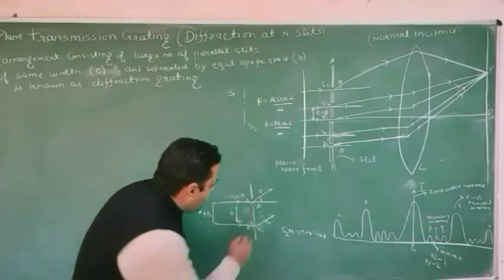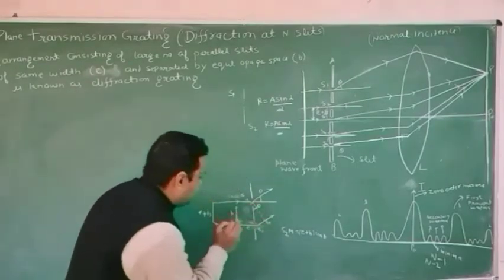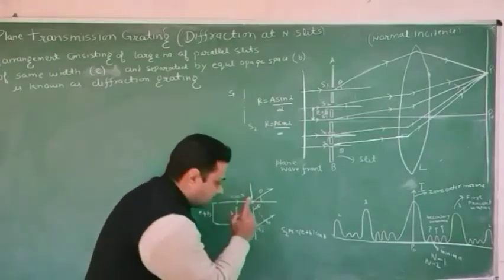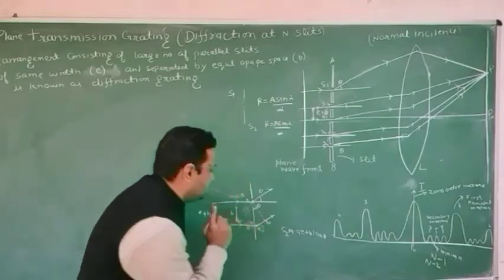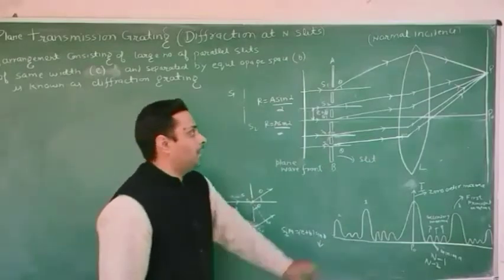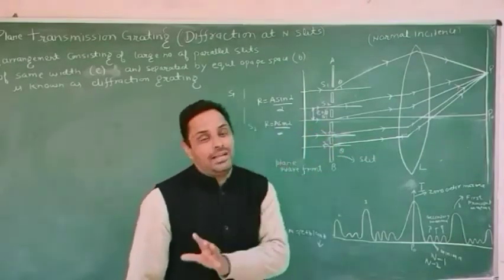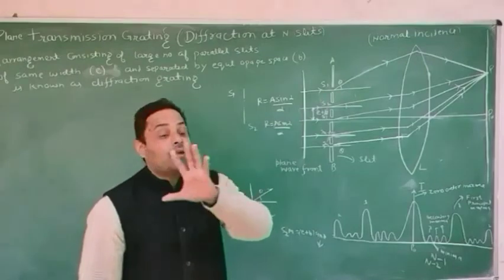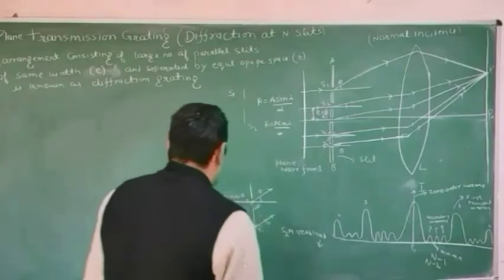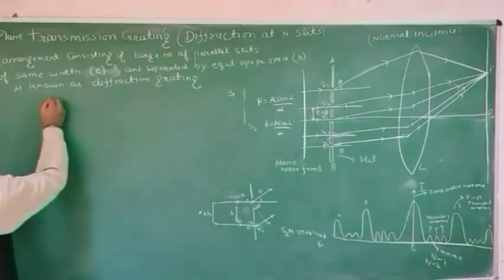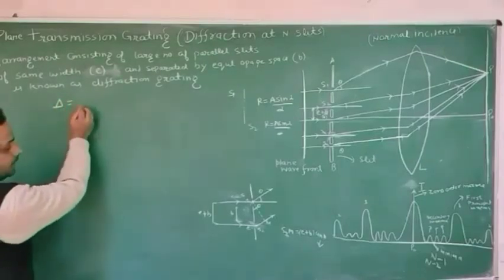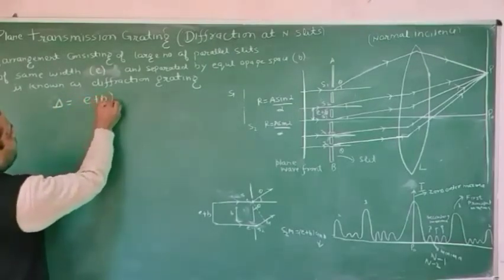Now the total path difference between the two rays is S2M, which is equal to (e plus b) sin theta. This is the path difference between two consecutive slits.